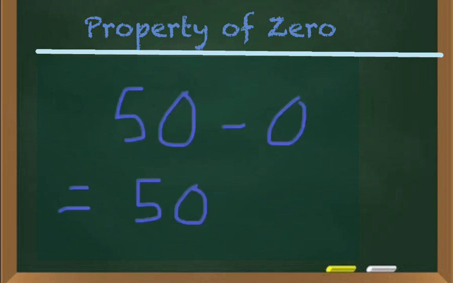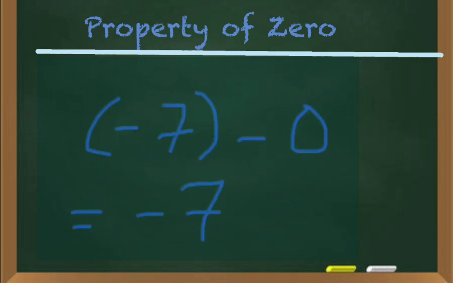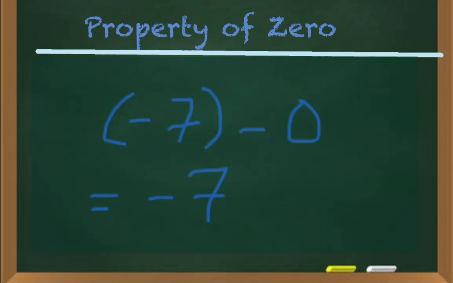After subtracting 0 from 50, we are getting the integer 50 as the answer. Similarly, after subtracting 0 from minus 7, we are getting minus 7, that integer only, as the answer. So this property is known as the property of 0 of subtraction of integers.